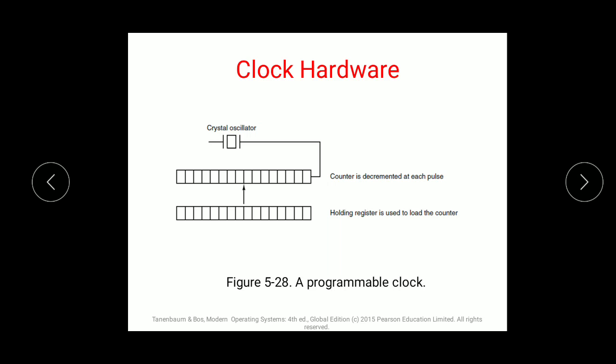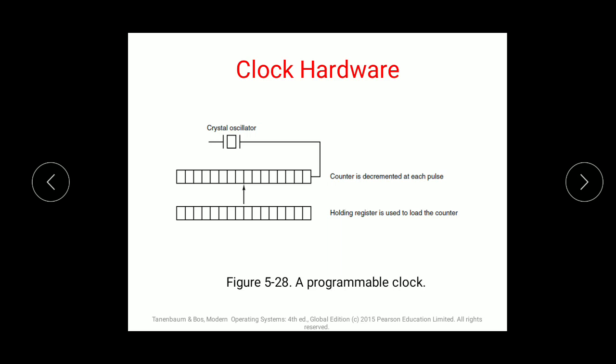This synchronizing signal is fed into the counter to make it count down to 0. Every time one process is done, it comes back to 0. When the counter gets to 0, it causes a CPU interrupt.